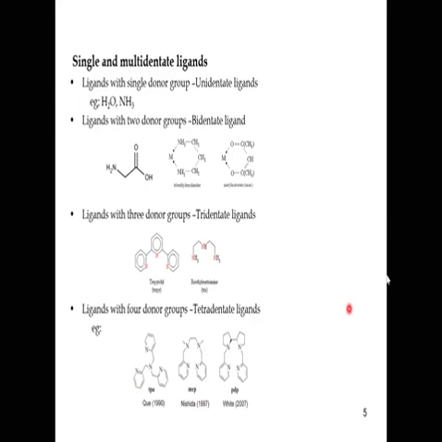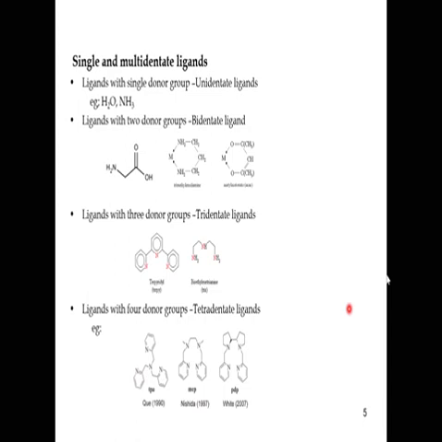Now the single and multidentate ligand, right? Just think about the word multidentate. What do you mean by dentate? When you say dentate, it has something to do with your teeth, right?